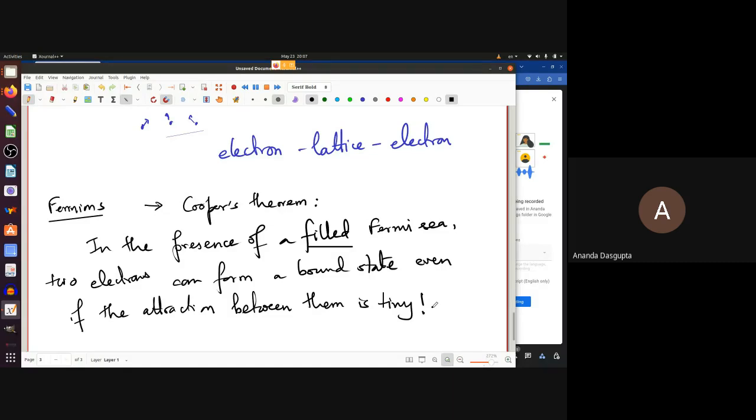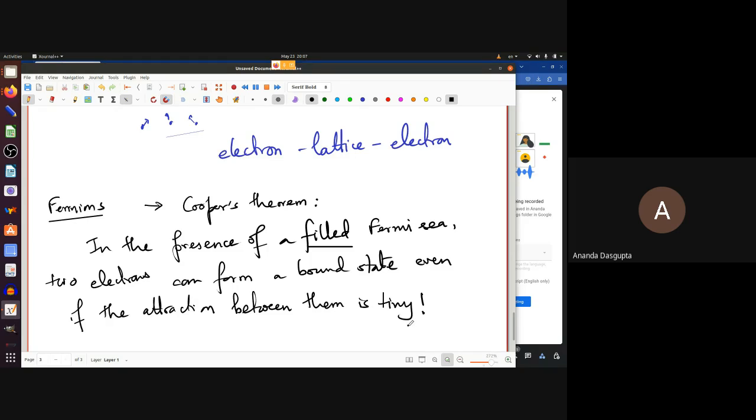Even if you had managed to get somehow a situation where two electrons actually attracted each other, if the attraction was very weak, which is the case here, in free states in vacuum, two attracting electrons would never have formed a bound state. But because you have a filled Fermi sea and electrons are fermions, all levels below the Fermi sea are not available to the electrons. That somehow ends up giving you this result, that two electrons, even with a very weak attraction, can produce a bound state.